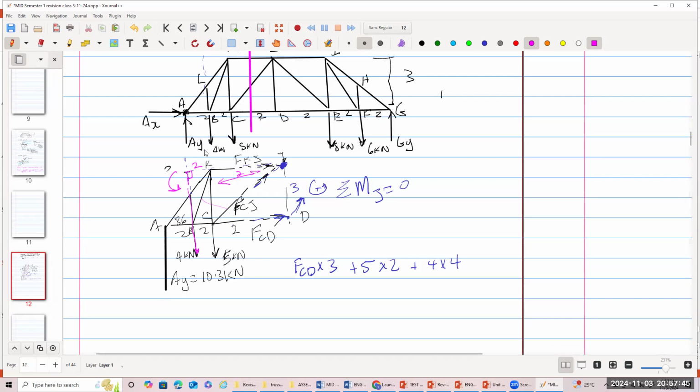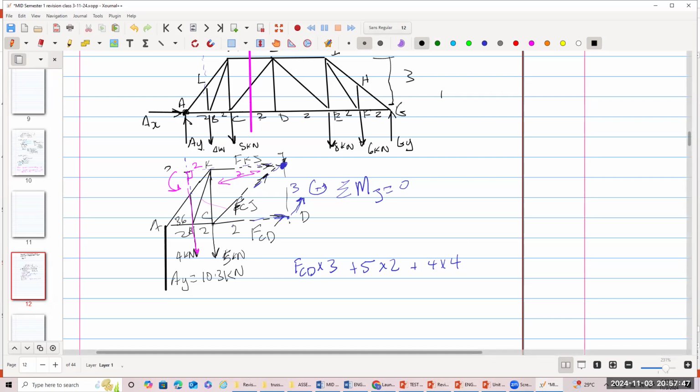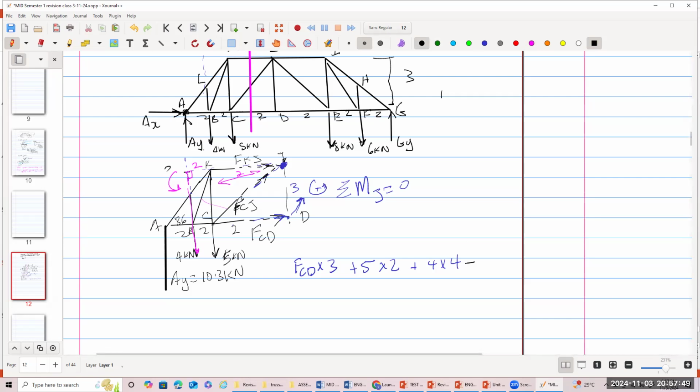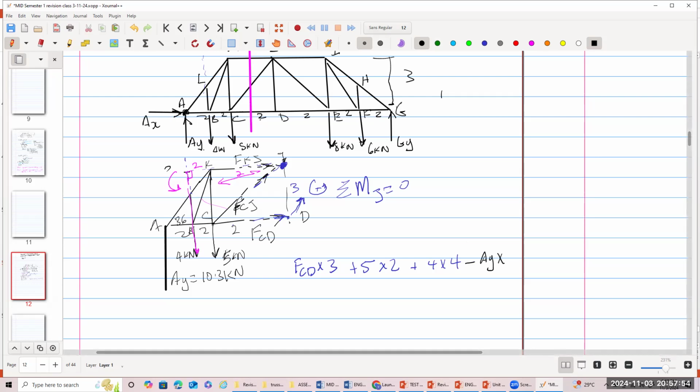All right. Last one left now, which is going in the clockwise, which is minus, which is AY times, how much distance is that? 6, equals 0. Do you agree?